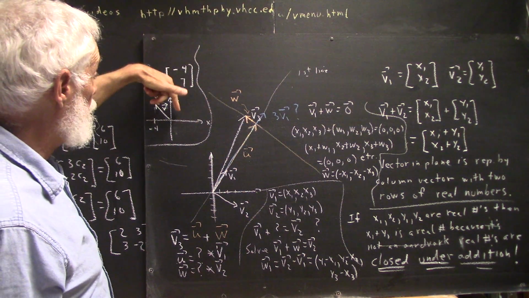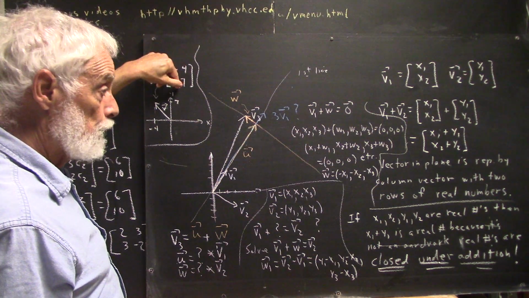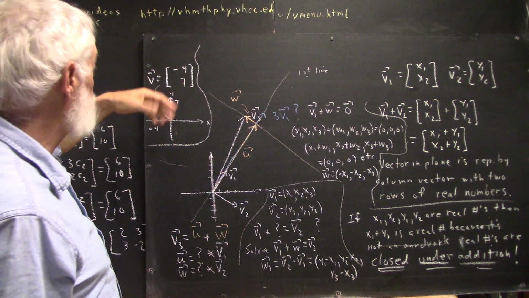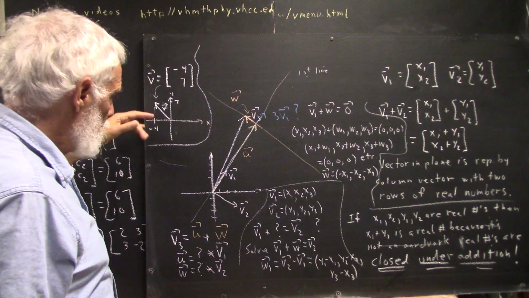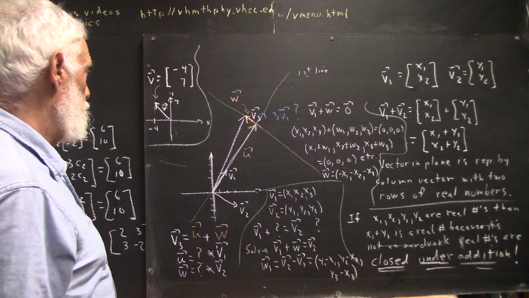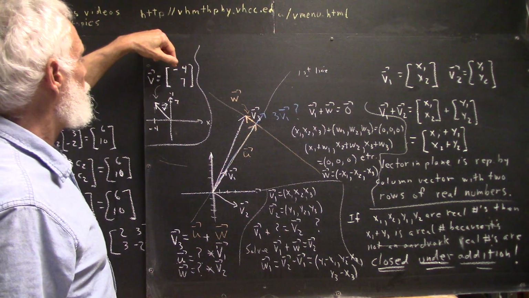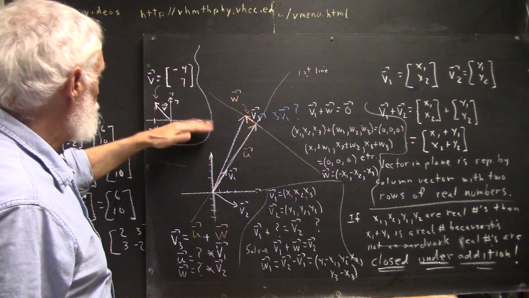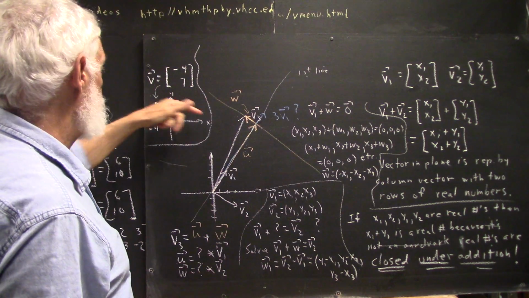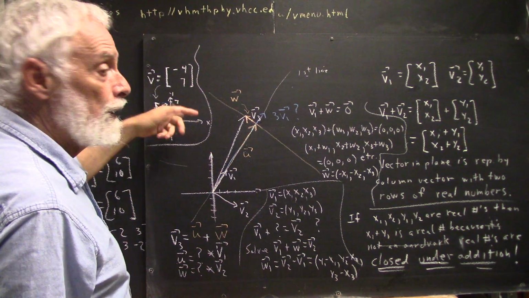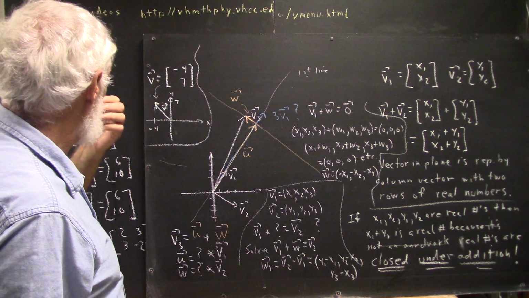This is a representation of this vector in the plane. This vector is a column vector, consisting of two integers in this case. In general, the set of vectors where you have two real numbers could be represented by points in the plane, and any point in the plane has coordinates which are two real numbers.